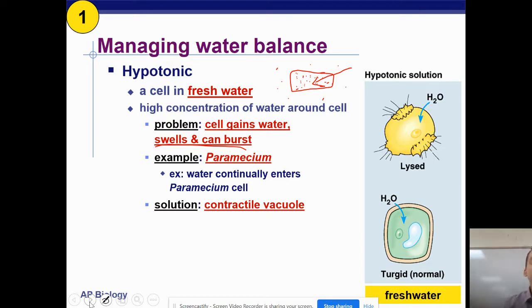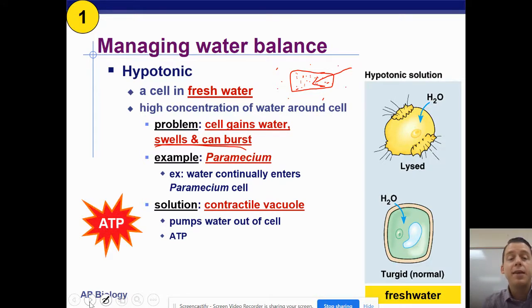No, the paramecium has a contractile vacuole, a specialized tool that continually pumps out water. That takes a lot of energy, so there's our energy always being used. The paramecium has to spend a lot of energy maintaining homeostasis, maintaining this balance inside of it.